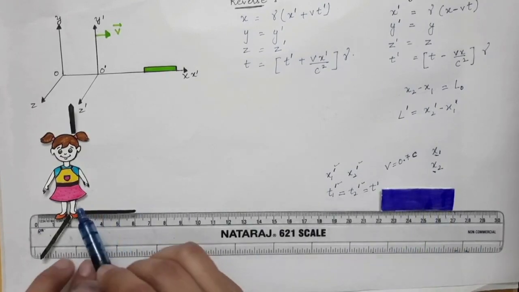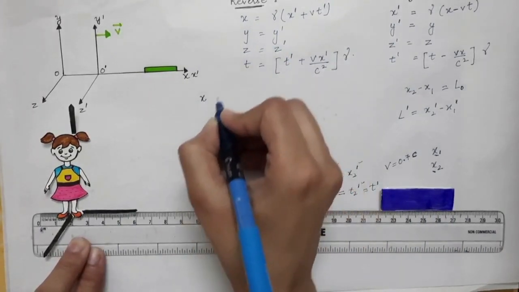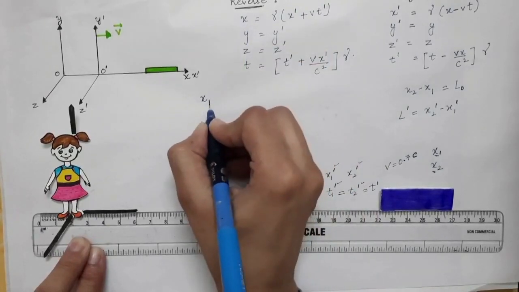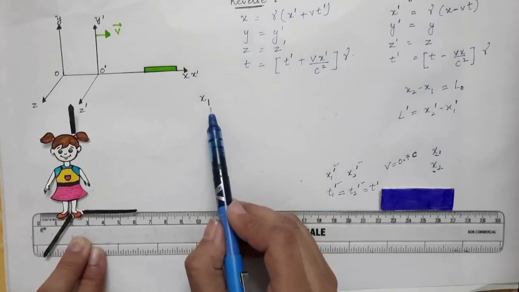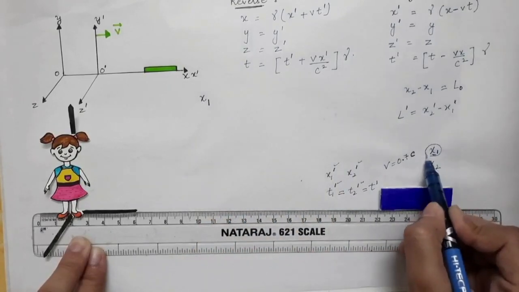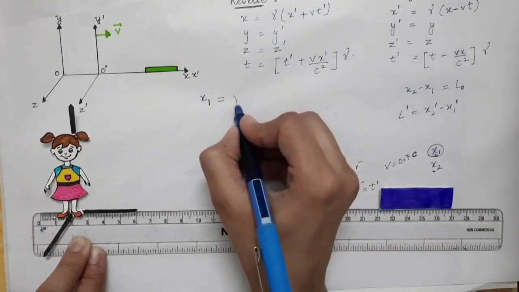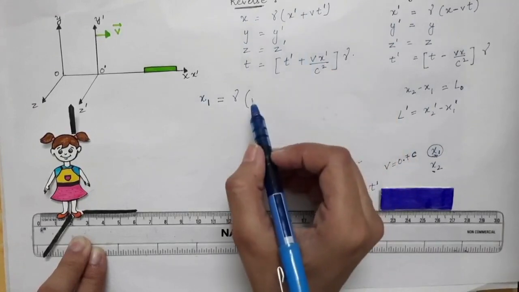So according to you, the first equation will be, for the first coordinate, instead of x, I am writing x1. So x1 will be equal to gamma times, instead of x prime, we will have x1 prime now.